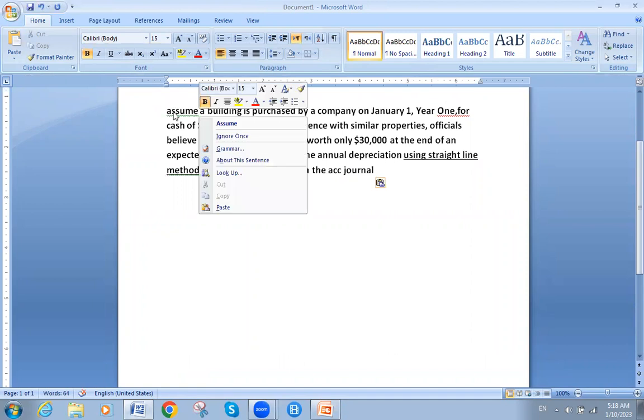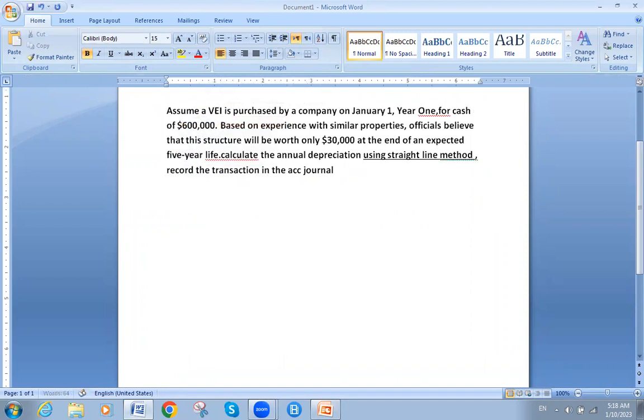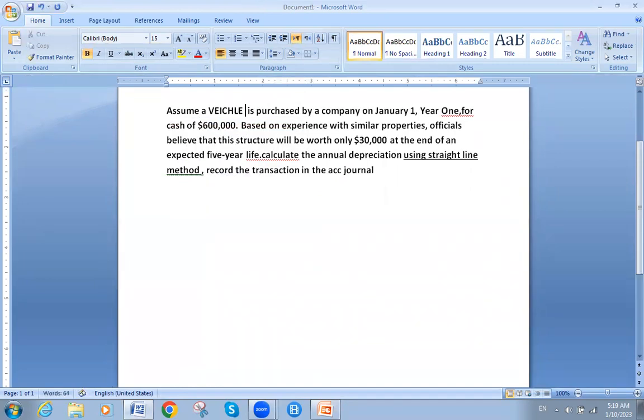Assume that a vehicle, V-E-H-I-C-L-E, is purchased by the company on January 1, Year 1, for cash of 100,000.